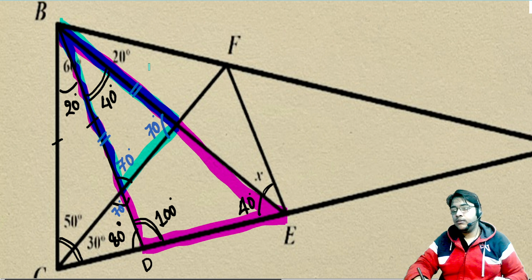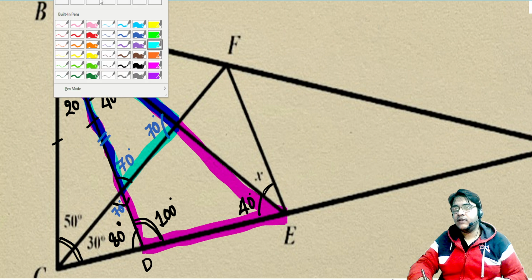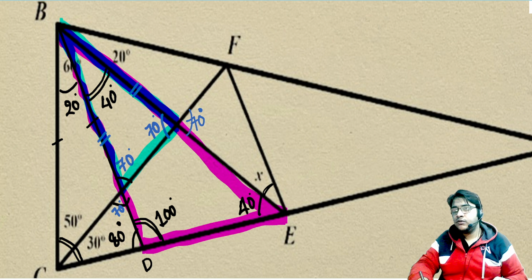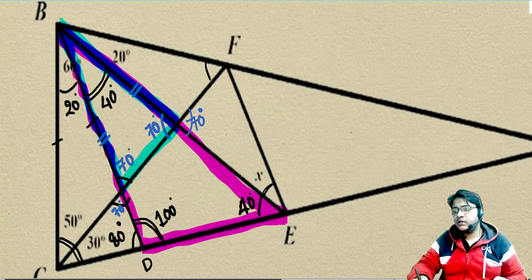But now, because I need to calculate this x, I need to somehow manipulate my values there. So let's start by simply jotting down the values. This is going to be 70 degrees. Can I predict something else? If this is 70, can you tell me what is going to be the value of this angle? Obviously, the external angle property will come into the picture.